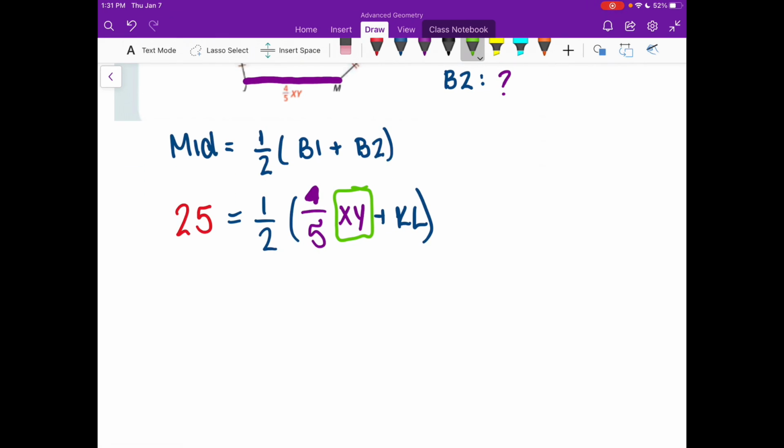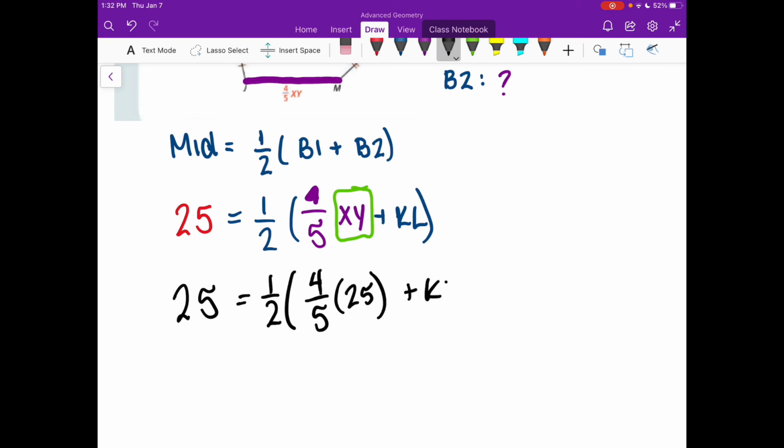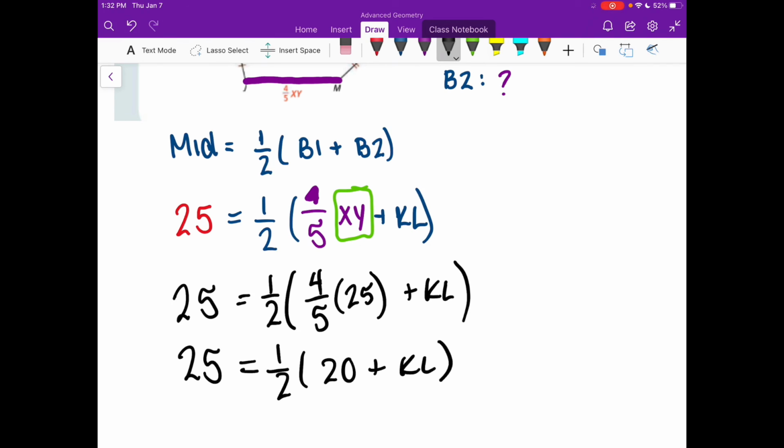So let's do that substitution. And we're going to have 25 equals 1/2 times 4/5, now substitute that 25 in there for xy, plus the actual unknown KL. 4/5 times 25 is 20. So that is 25 equals 1/2 times 20 plus KL.